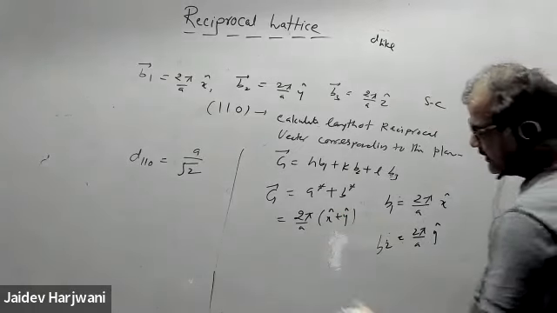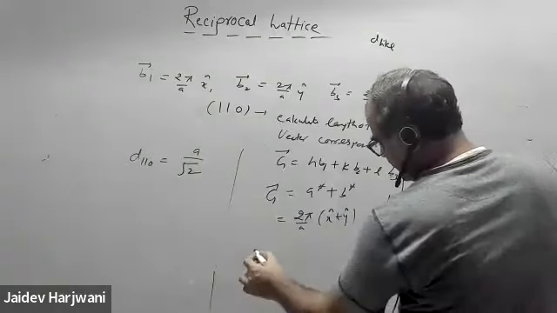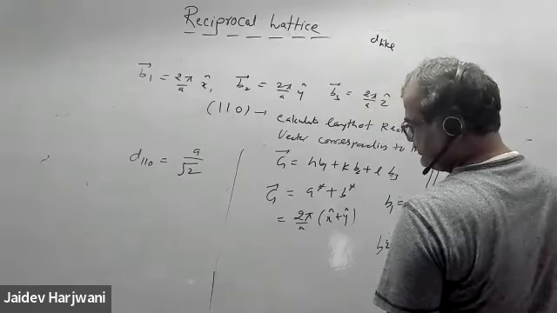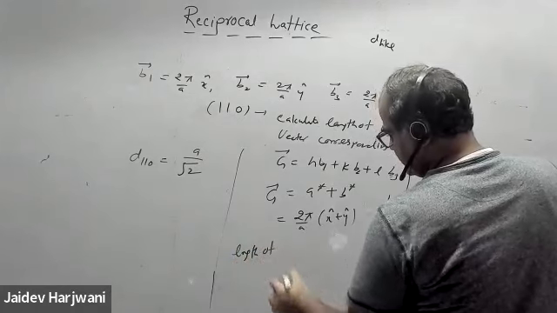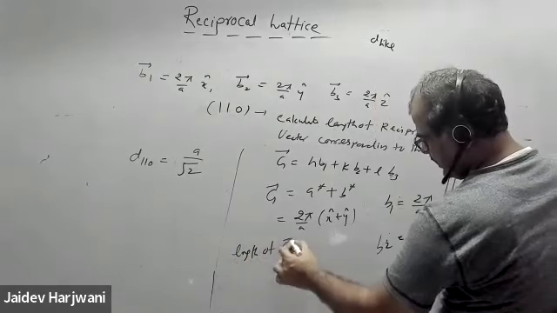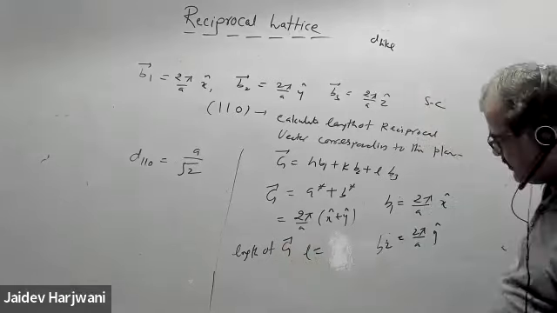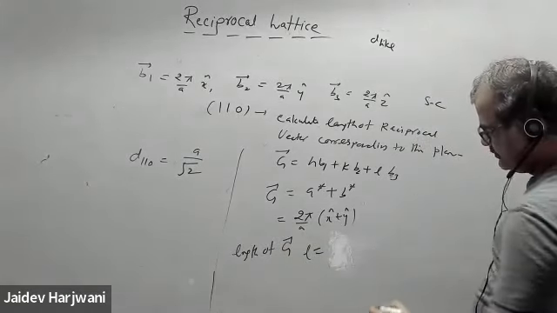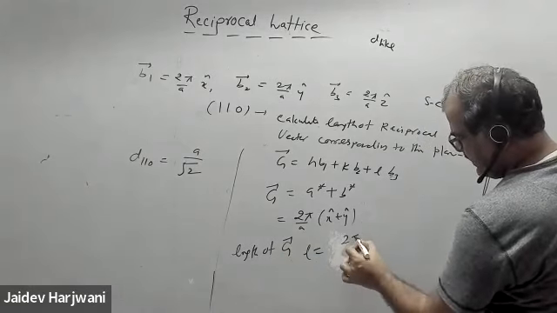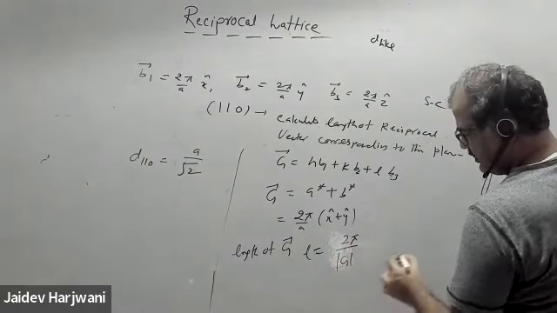Now if I want to calculate the length of this vector, so length of g, say this is L, so length of the g will be equal to 2 pi by magnitude of g.